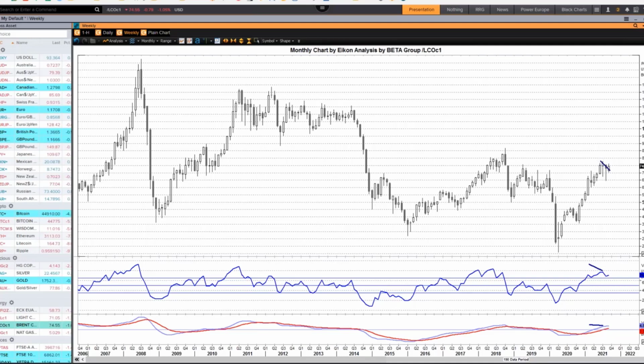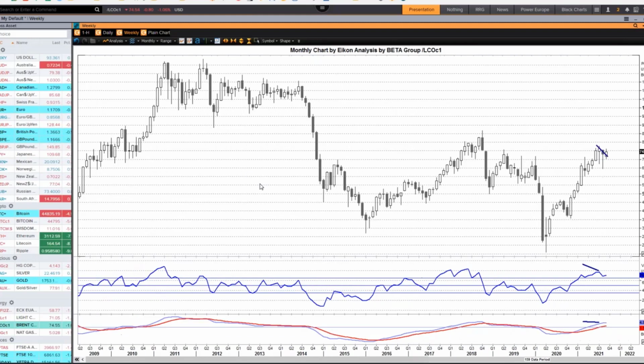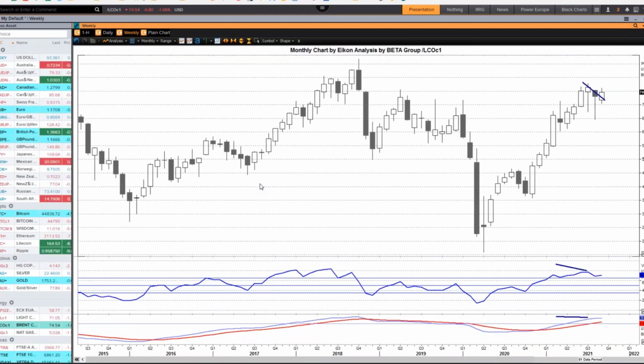We're testing this high here, which is the 2019 high. If we break that, we'll be challenging the 2018 high. If we break that, I think we'll be going back above the other side of 100. So there are significant hurdles to cross, but this looks like it's going to be the next big exciting thing, because one of two things is going to happen.